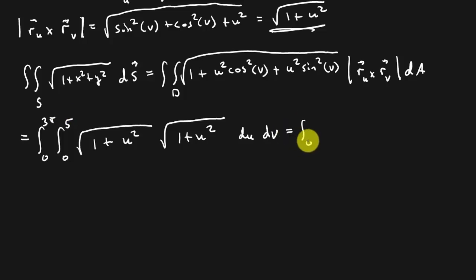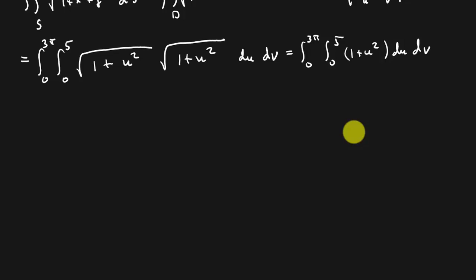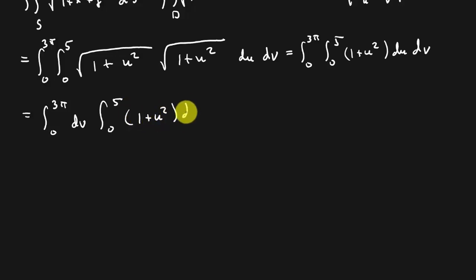And so this works out nice. This is 0 to 3 pi, 0 to 5, and when we multiply those, that's just 1 plus u squared du dv. Let's go ahead and solve this. This is going to equal the integral from 0 to 3 pi dv times the integral from 0 to 5 of 1 plus u squared du.